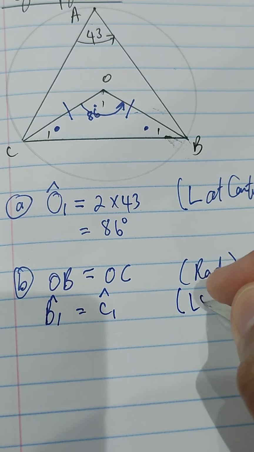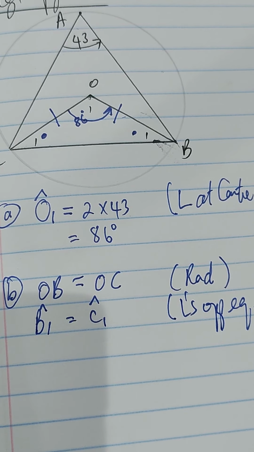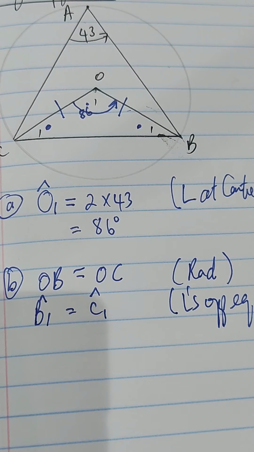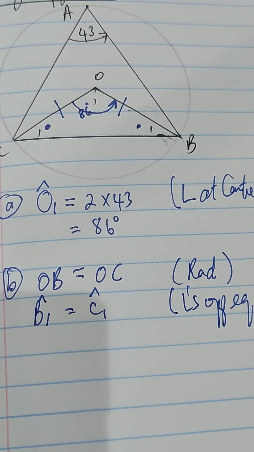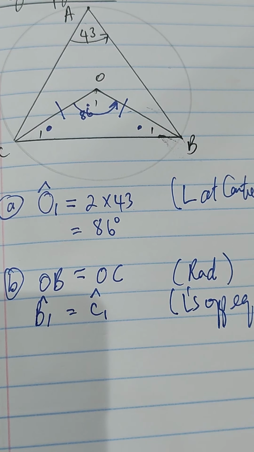Because it's angles opposite equal sides. You can't just say isosceles triangles there. If you say an isosceles triangle, you lose the mark. You must say, in these two types of isosceles triangles, it's either angles opposite equal sides or sides opposite equal angles. This case here would be angles opposite equal sides.